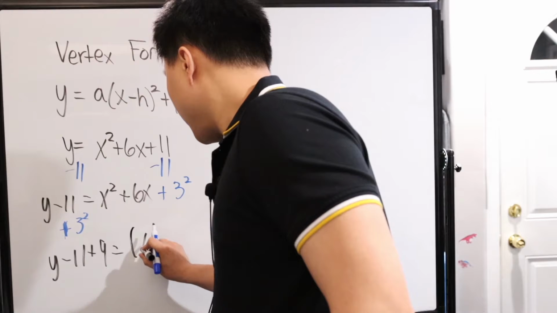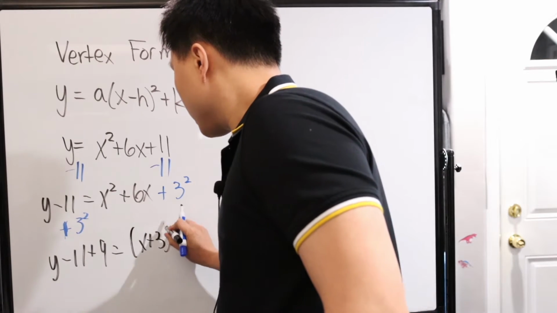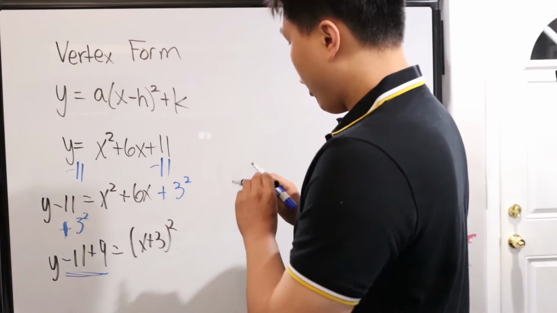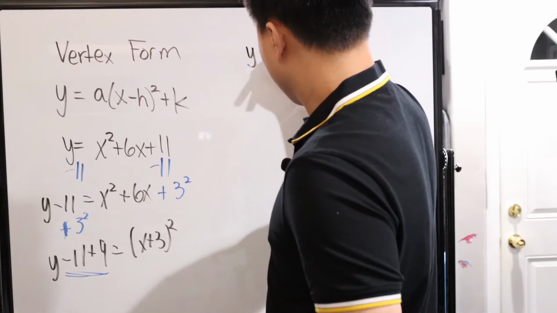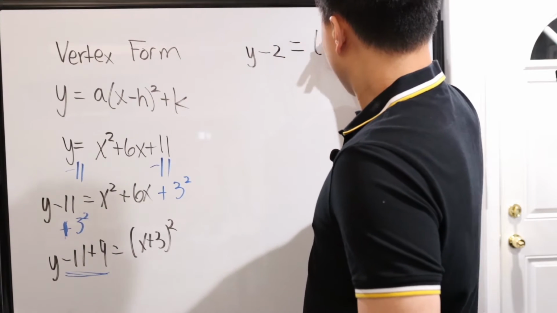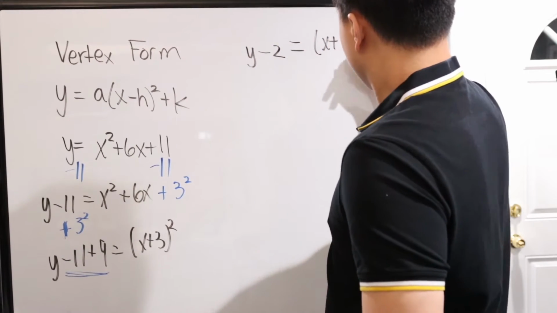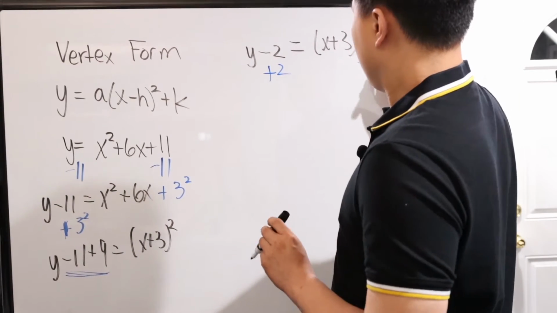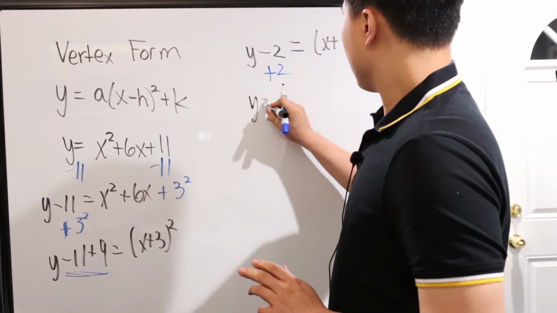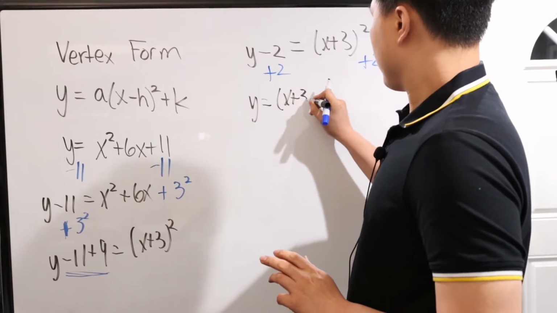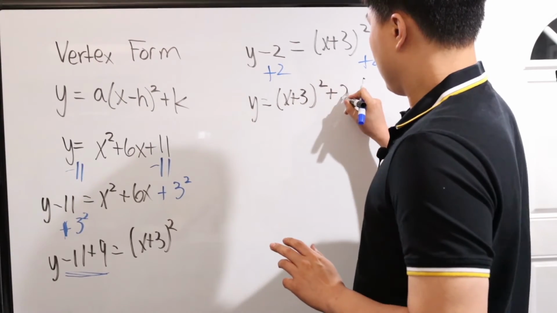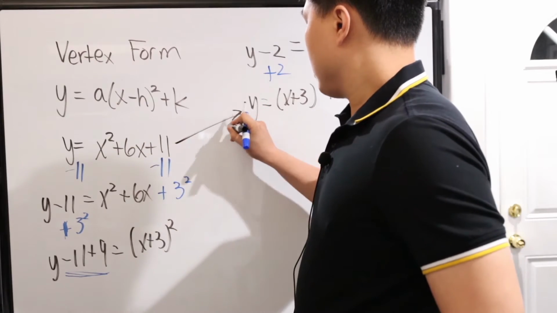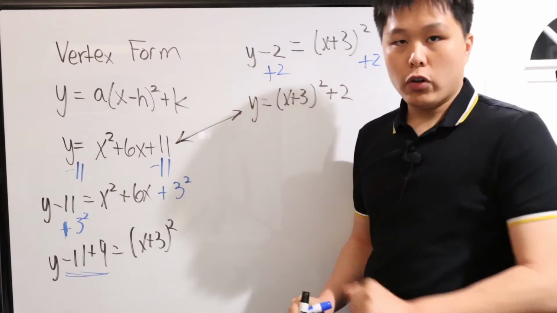In this case, it's just (x plus 3) squared. This combines right here, so we have y minus 2 equals (x plus 3) squared. Add the 2 on both sides, and you have y equals (x plus 3) squared plus 2. So this is standard form to vertex form.